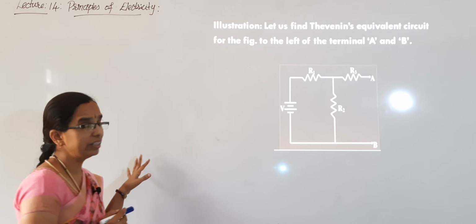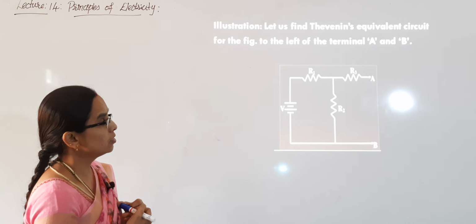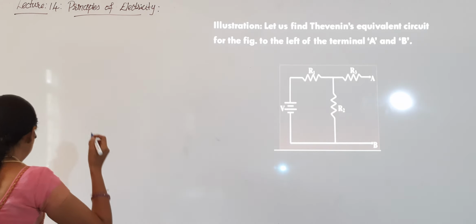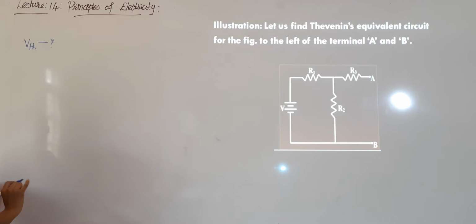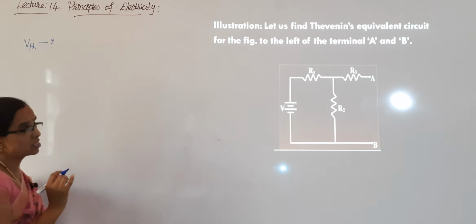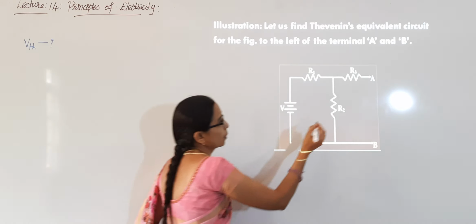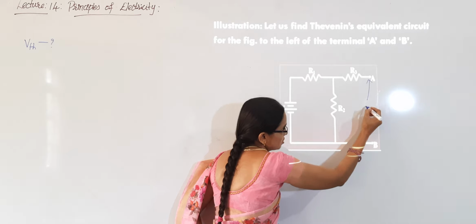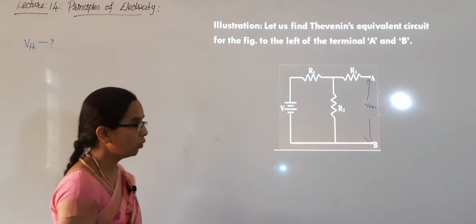We will continue here with the second step, how to Thevenize the circuit. For that, the first thing we have to calculate is VTH, that is Thevenin's voltage. Thevenin's voltage is nothing but the voltage across A and B. Okay.